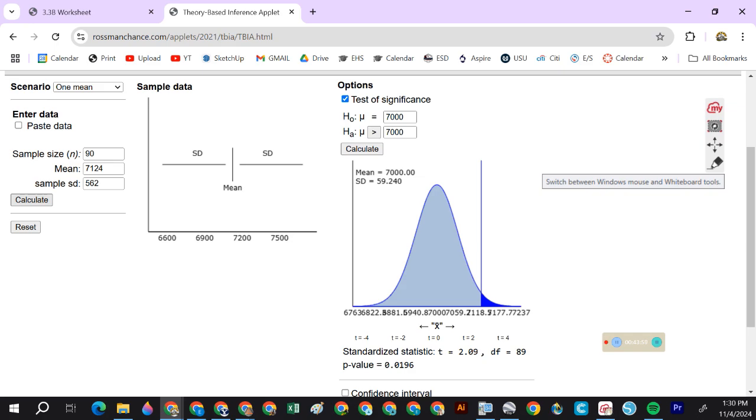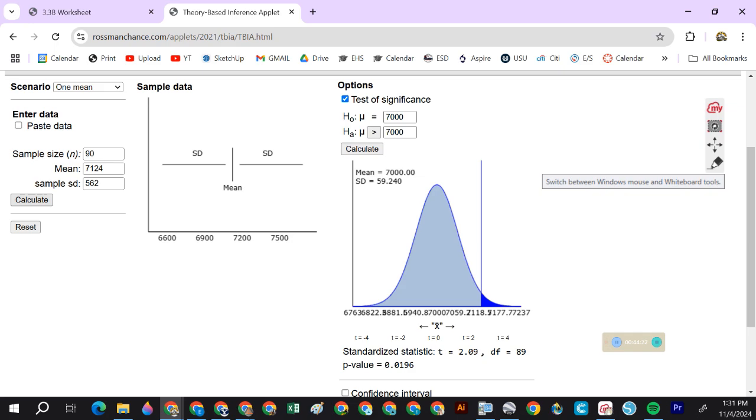Now I get a t-score of 2.09, and my p-value is now 2%. So if we change our sample size from 35 to 90, and we get the same values, now what do we tell the woman? We think you're right. We think you do get more than 7,000 steps per day.